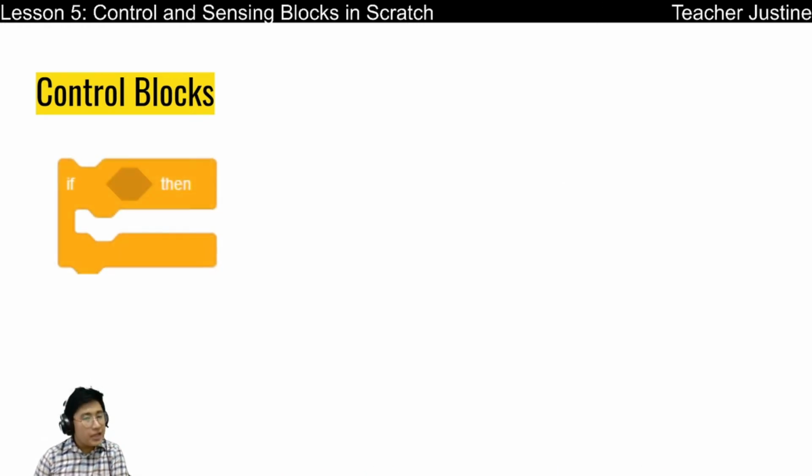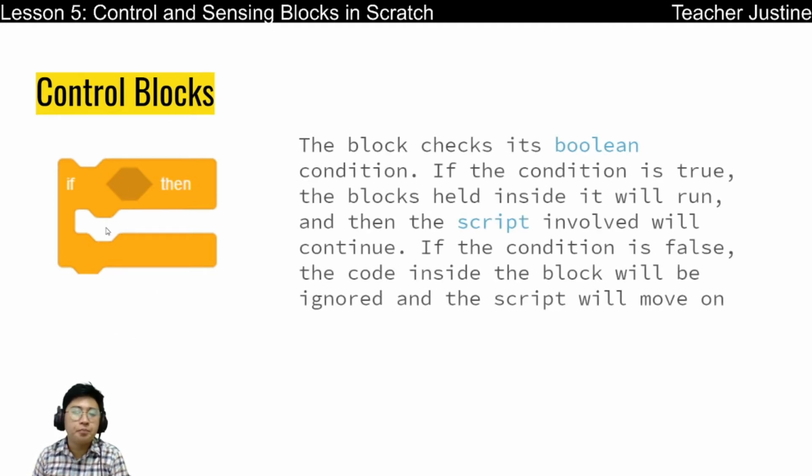Next is if then. This is a conditional statement. The condition that you put inside here, like if 1 equals 1, then do what is inside. If the condition is true, it will proceed inside, but if it is false, it will skip this code. This block checks its Boolean condition.